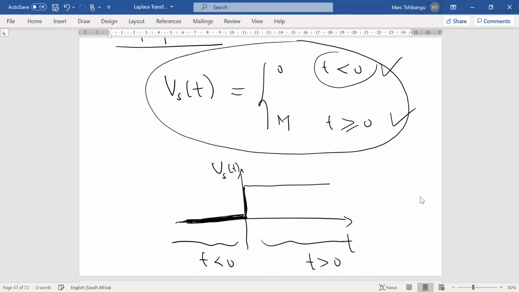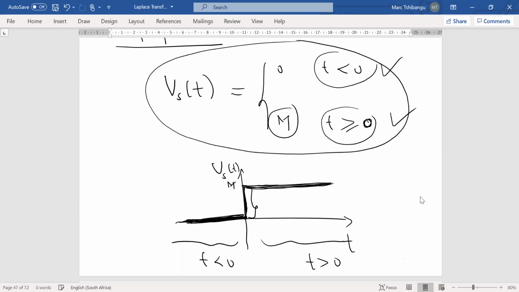However, when t is greater than or equal to 0, which starts from here because greater than or equal to 0 is included in our interval, when t is equal to 0, the function is m. So this means that there has been a sudden change of which the magnitude is m.